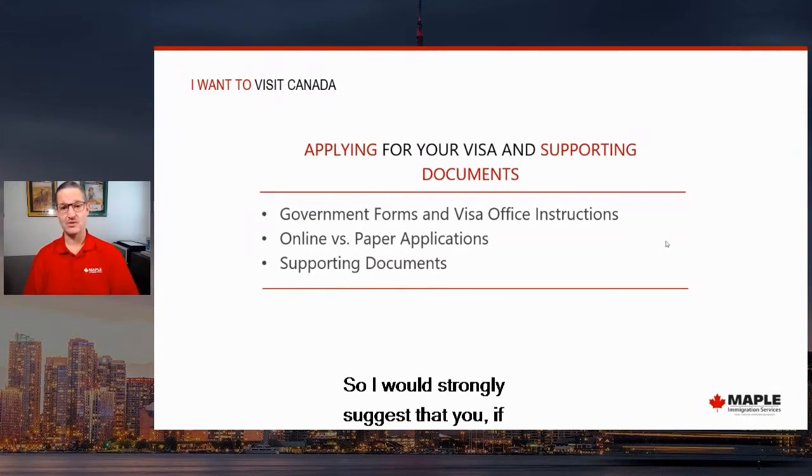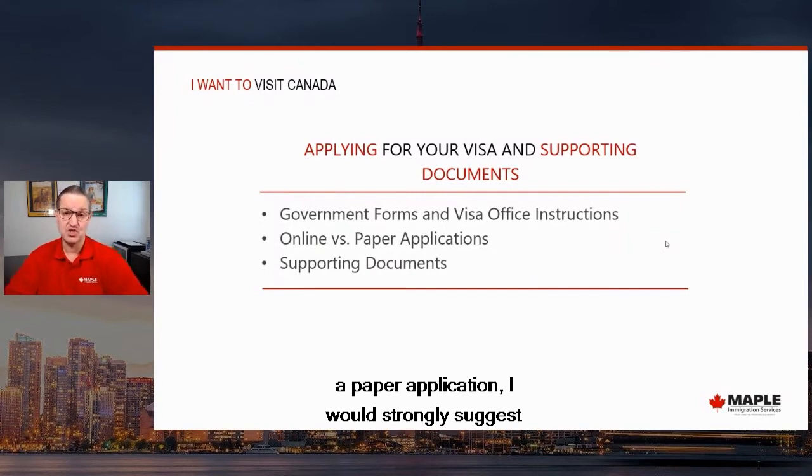So if given the choice in any application, unless there's some sort of strategic decision to do a paper application, I would strongly suggest that you stick with an online environment. The benefit is that you have proof of receipt, you have a file number right away, you can see it, you can follow it up, and it's more responsive.